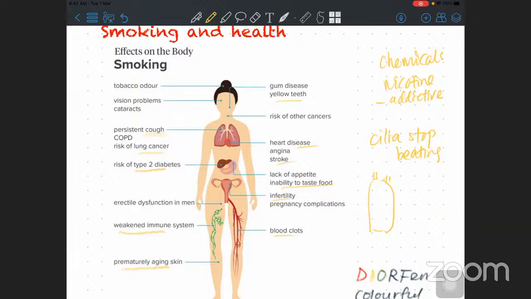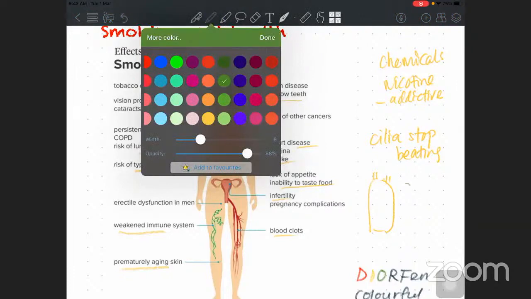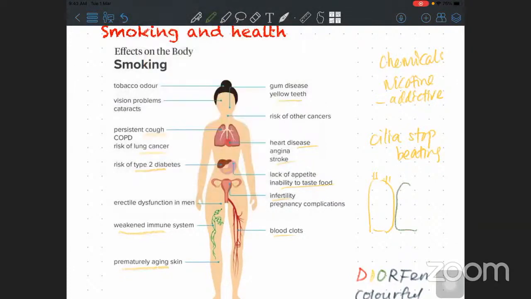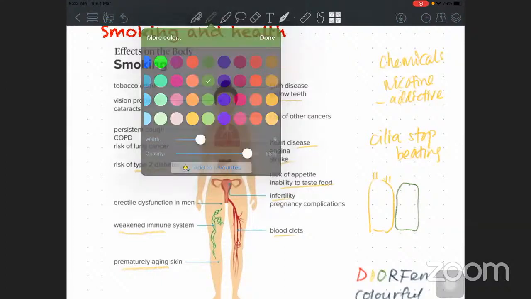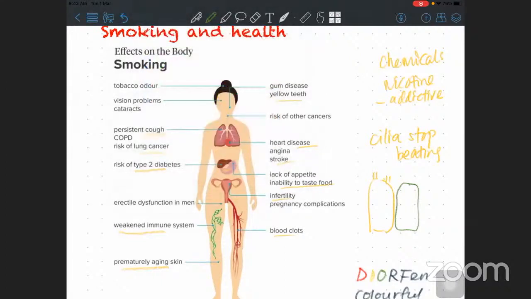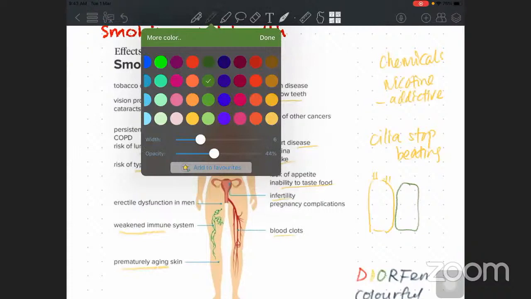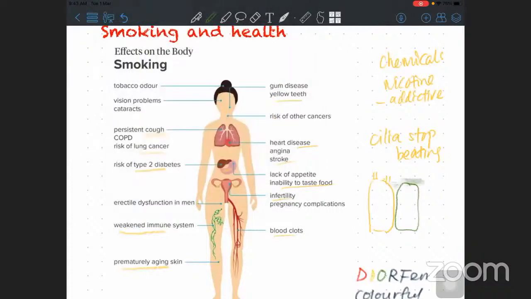And then next is the mucus. The mucus will do more work, so more mucus will be produced here and there, like a flooding of mucus.